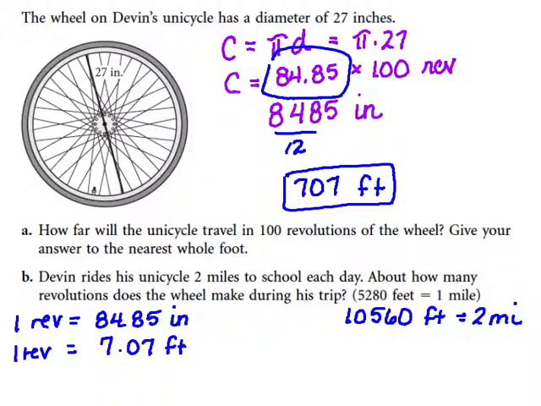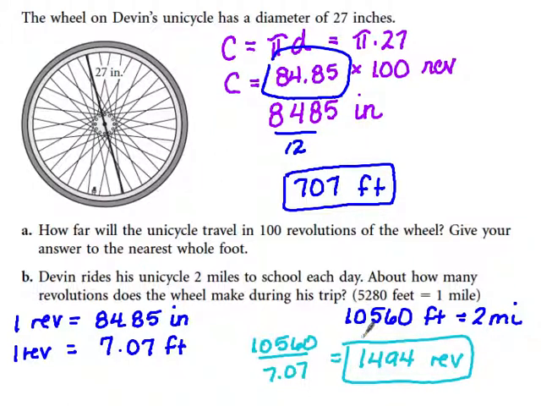What are you going to do with the 10,560 and the 7.07 feet? Divide the two. So you're going to take 10,560 divided by your 7.07, and that will give you how many revolutions you have. 1,494 revolutions. Did somebody else get that? Okay. So you're going to have to use a lot of problem-solving skills on these problems. They're not going to be ones that are done right away.